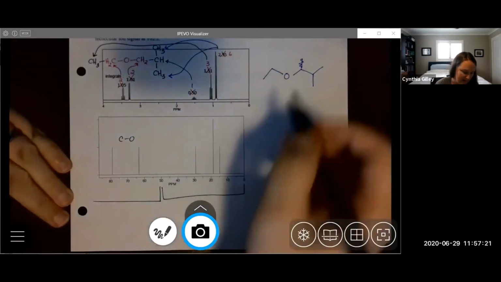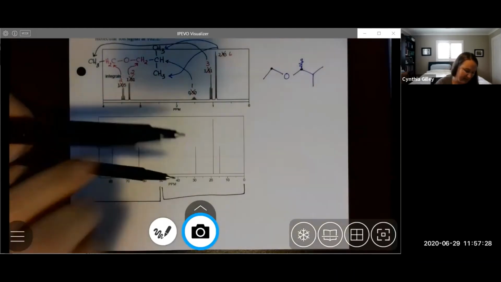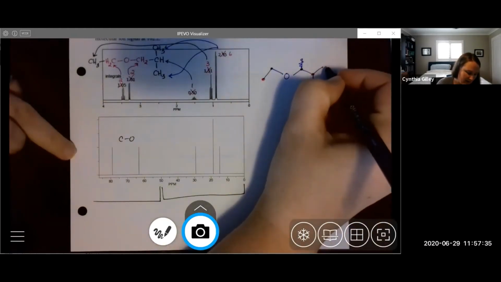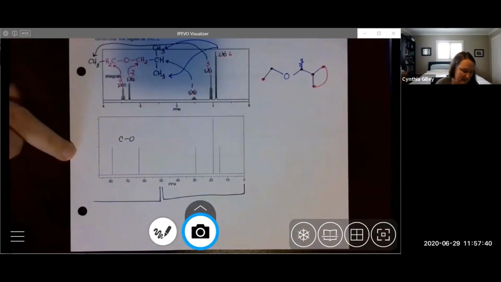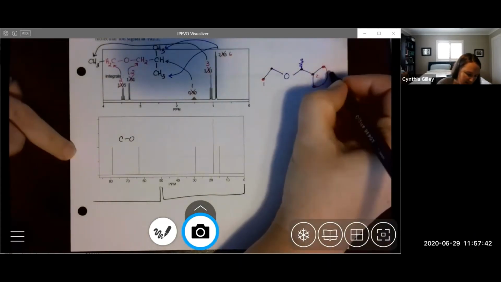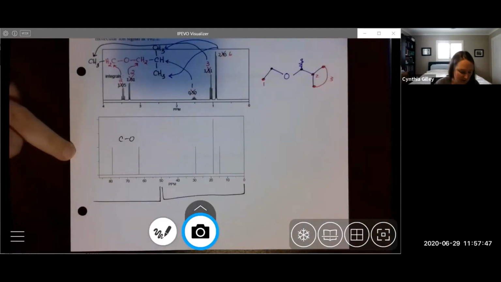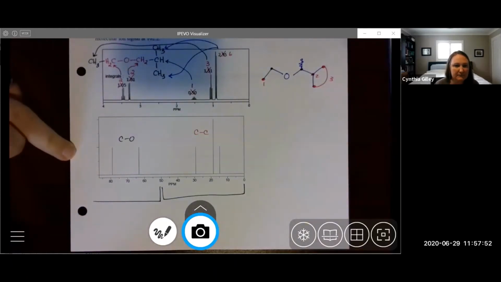We expect 2 of those because we do have 2 carbons attached. Then I would expect 1 signal for this methyl, 1 for this carbon, and 1 combined for these 2. So I would only expect 3 signals over here. So that is the correct structure.